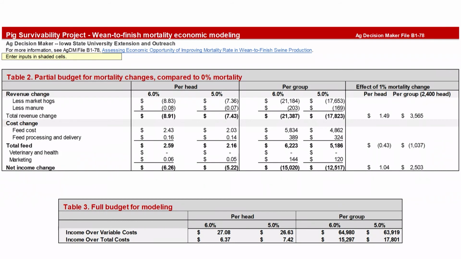So we have less savings, but that's a good thing because I can market 1% more pigs. So we're giving up a little bit in the value proposition there, but in aggregate, it's about $1.04. So 1 percentage point change is worth about $1 when we look at this.